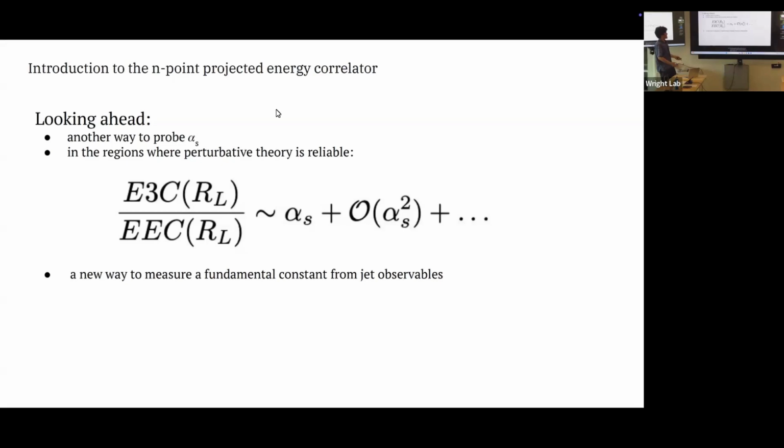It depends on the energy scale, but it determines the strength of the strong interaction that Lily mentioned. By taking the ratio of these correlators that I'll show you later, we can find that they're directly proportional, plus some higher order correction terms. This is another way that we can extract this fundamental quantity.